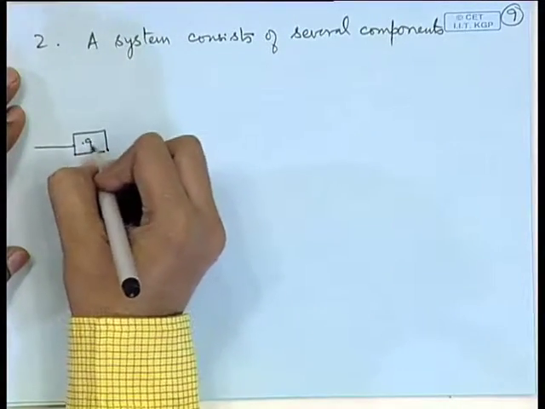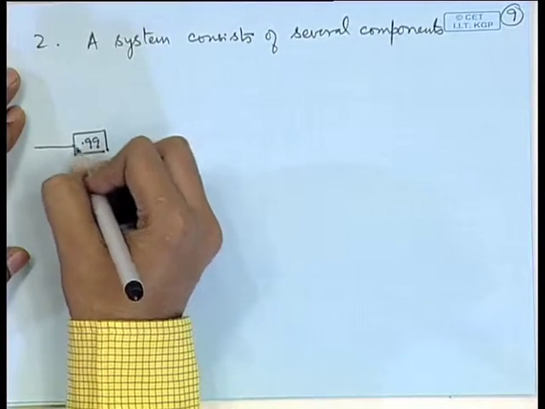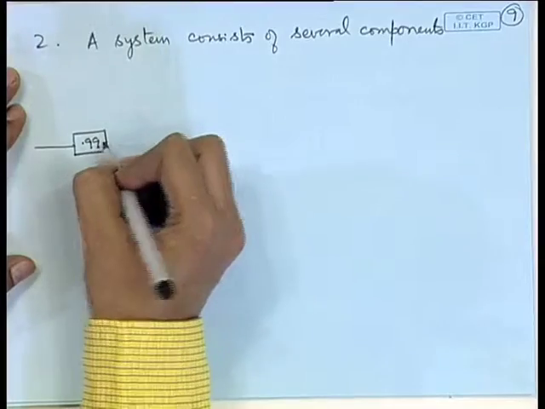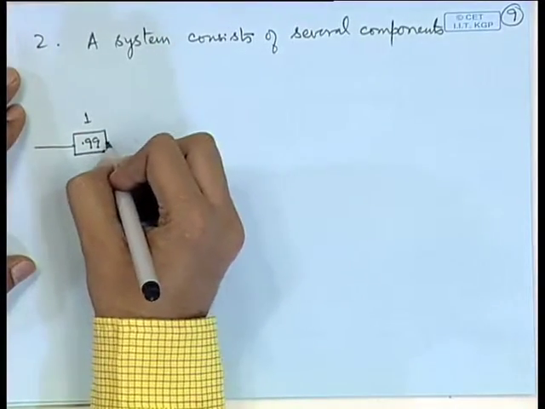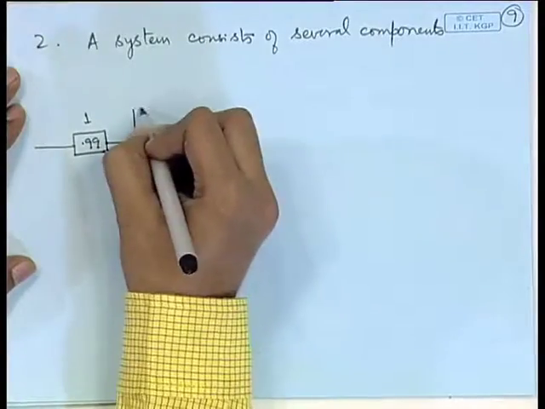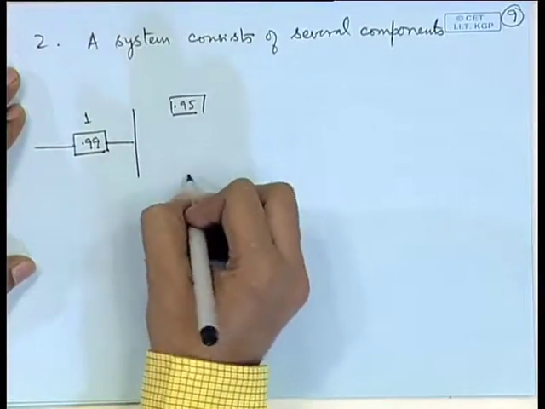The numbers represent the reliability of the component to be functioning. So, 0.99 is the reliability of component 1 to be functioning, 0.95 for the second one.